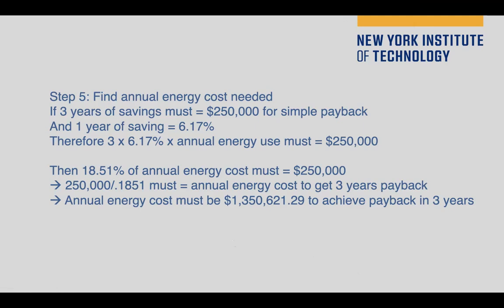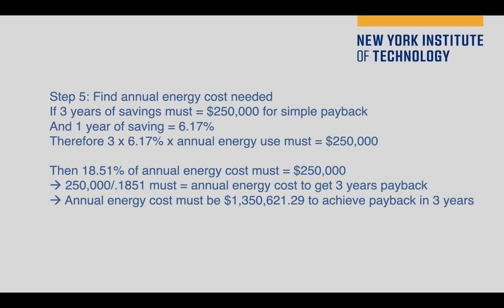First of all, we need to have the concept of what the simple payback period is. 3, and the equation is investment, the cost of the project, 250,000, over the denominator, the annual net cash flow. That means the annual saving. Okay, that is the equation.